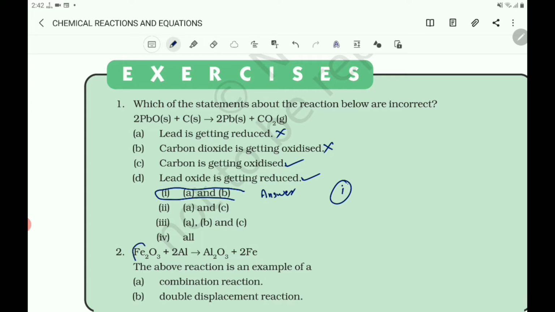Here Fe is displaced by aluminium. So you got Fe and Al2O3. So aluminium displaces Fe from the compound Fe2O3. So here displacement has taken place.